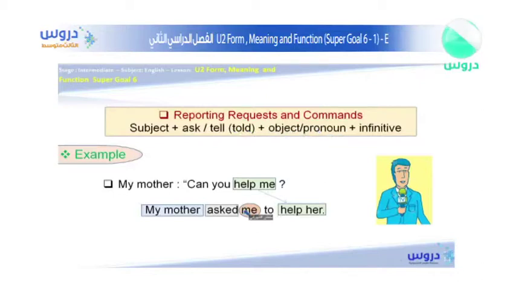The object or the pronoun, me. My mother asked me. She didn't ask Abdullah, she didn't ask Sami, she didn't ask my sister, she asked me. My mother asked me to help her. Okay, so this is the reporting of requests.